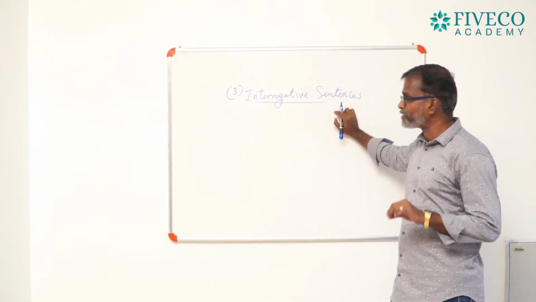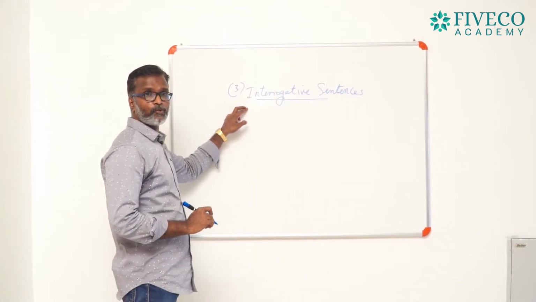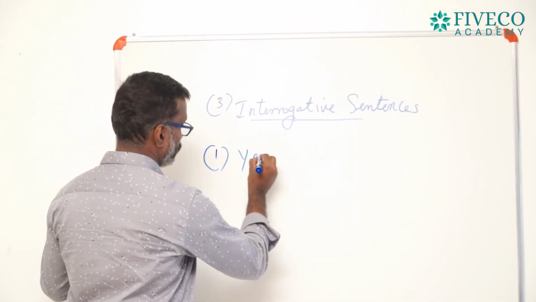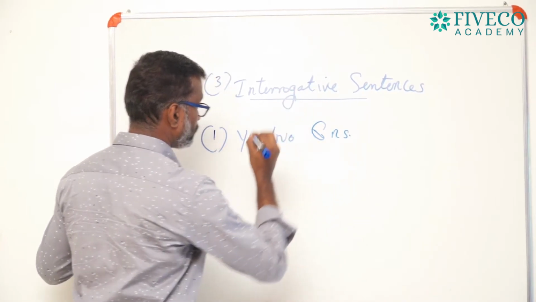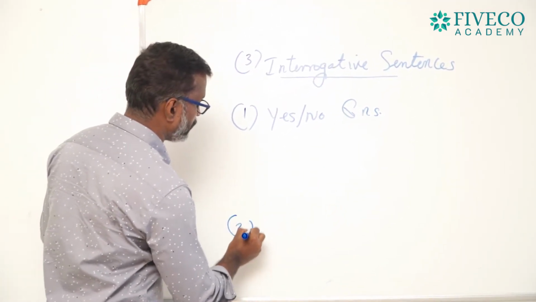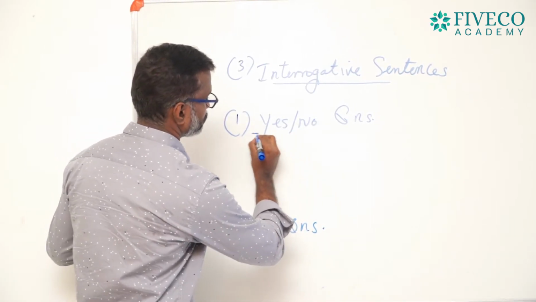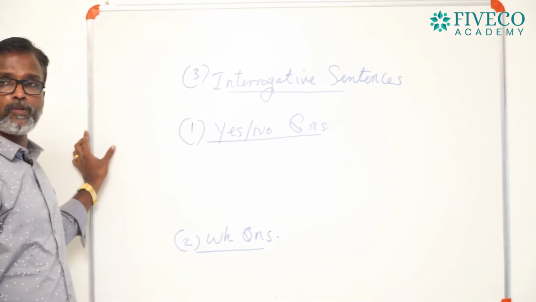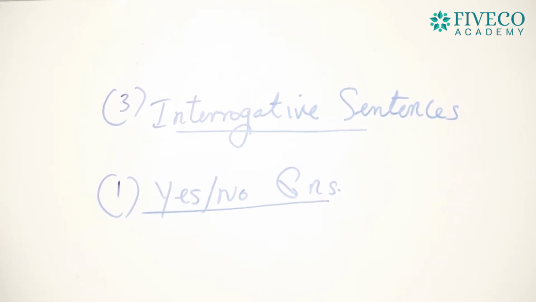And it has two divisions. These interrogative sentences have two divisions. One is yes or no questions, and the second one is WH questions. There are two types of questions which come in interrogative sentences.